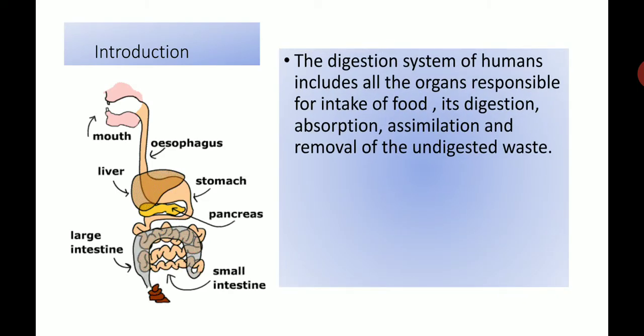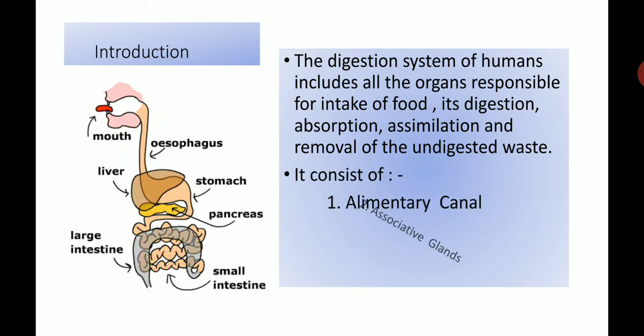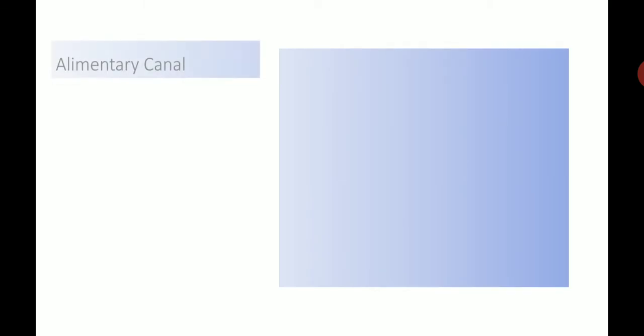The digestive system of humans includes all the organs responsible for the intake of food, its digestion, absorption, assimilation, and the removal of the undigested waste. It consists of the alimentary canal and its associated glands. Now children, we come to the alimentary canal.